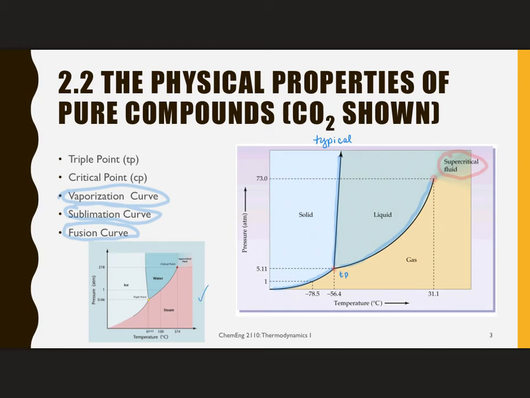What's the difference between them? Sure, it's a little stretched up higher. The triple point is at a higher temperature and higher pressure, and the critical point is at a different location. That's going to be true of any substance. They're always going to have a different triple point and critical point, but the shapes of the curves will be pretty much the same. The difference is in the fusion curve.